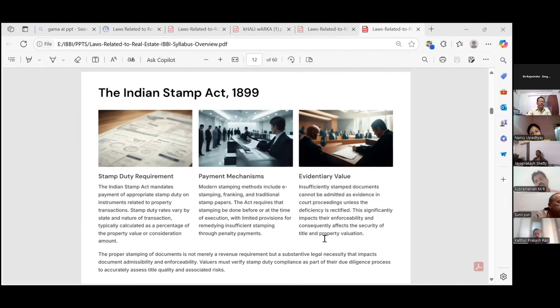So many times we do not go through this concept, but remember, it is only valid if sufficient stamp duty has been paid. It does not have any evidentiary value in the court of law if the proper stamp duty has not been paid.